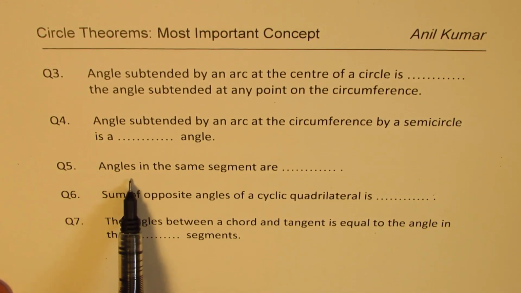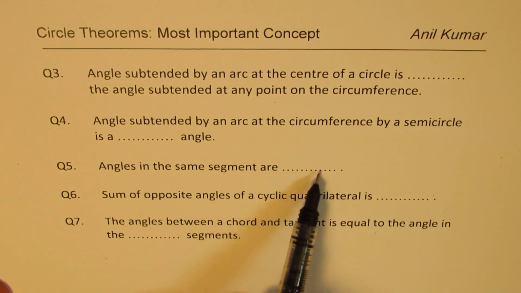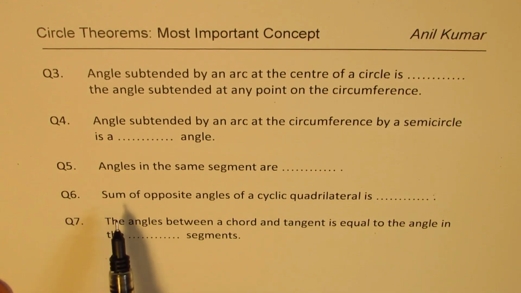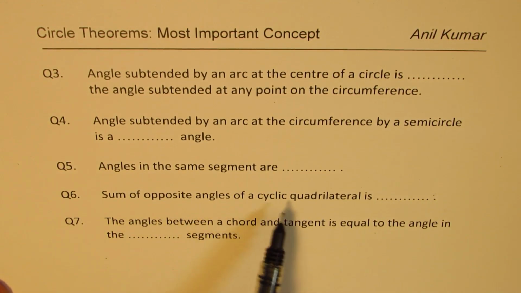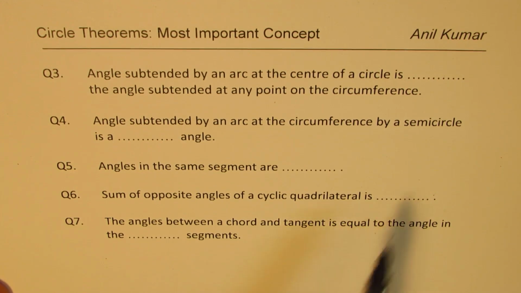Question 5, angles in the same segment are what? Question 6, the sum of opposite angles of a cyclic quadrilateral is what? Question 7, the angle between a chord and tangent is equal to the angle in which segment?